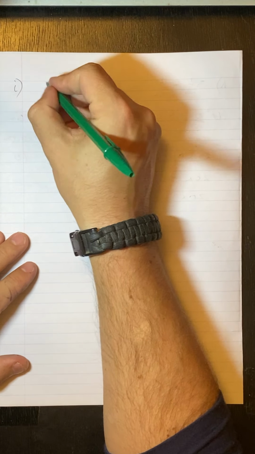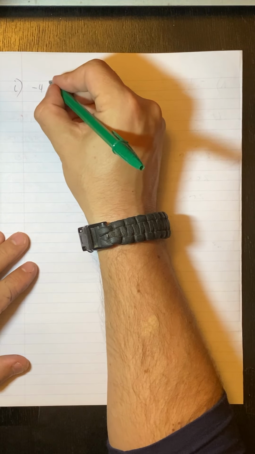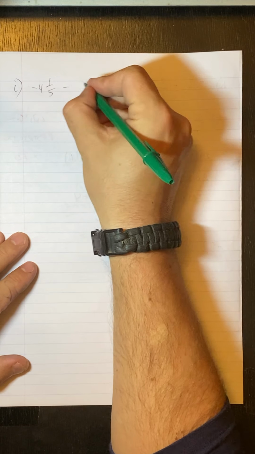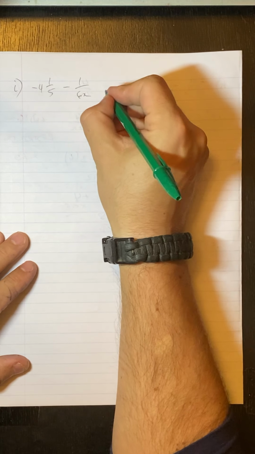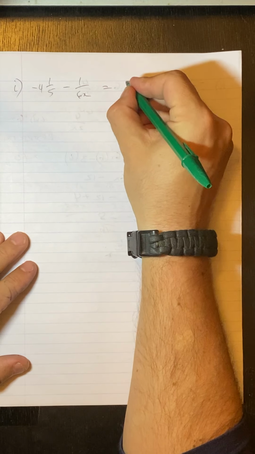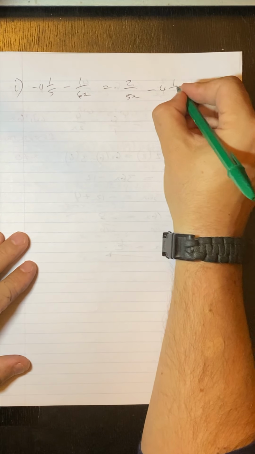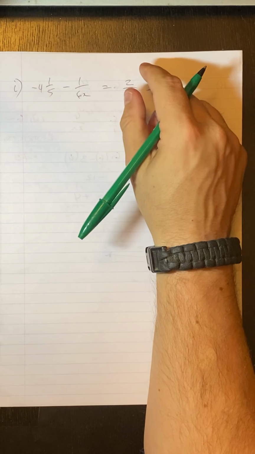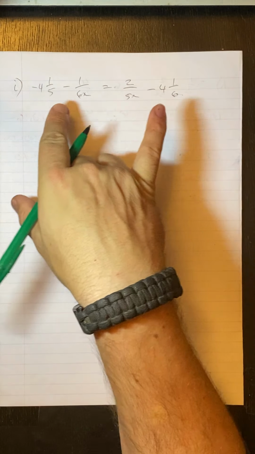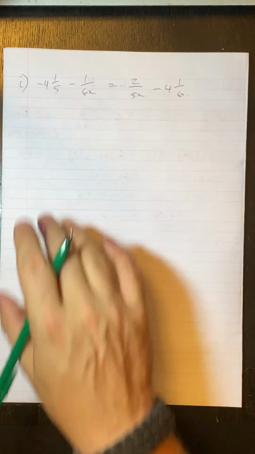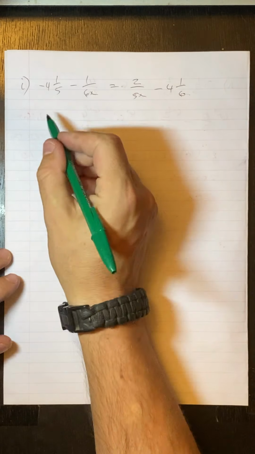Okay, we've got minus 4 1/5 minus 1 over 6x equals 2 over 5x minus 4 and 1/6. Right, so we've got two mixed fractions there that we need to convert before you find an LCD.